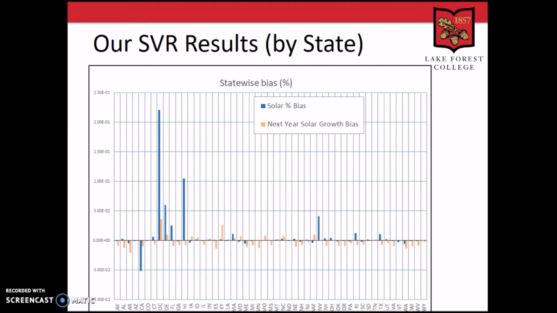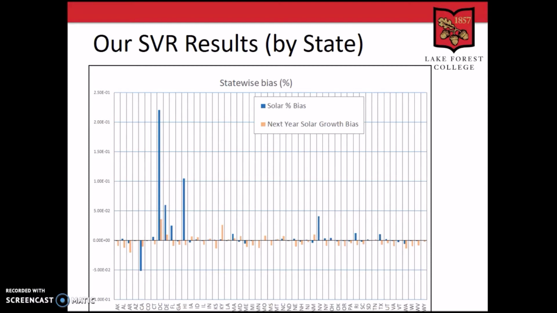DC is a special state because it is very small. It is the smallest among all states, and it is completely urbanized. So that could be the reason why it has such a positive bias. Hawaii is an island state with no sources of conventional energy like coal or petroleum, and so conventional energy is costly.